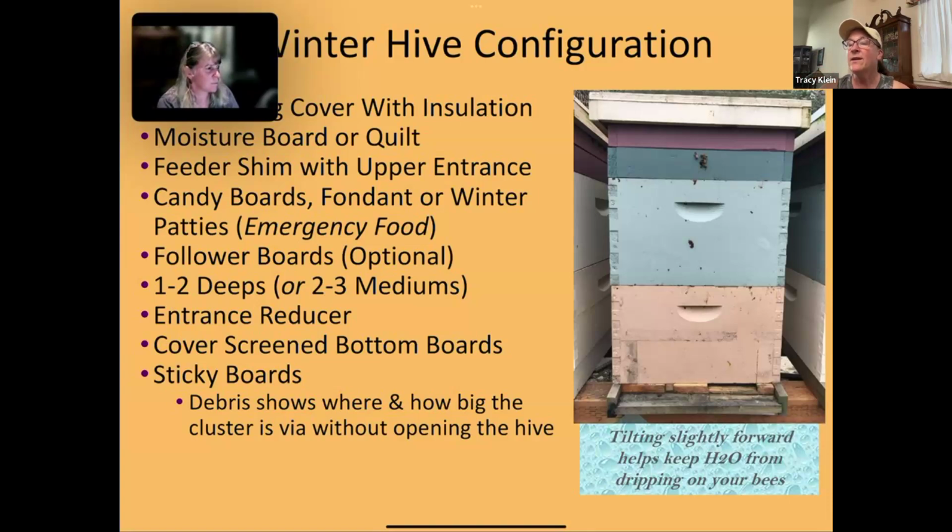And then the entrance reducer configuration, once all the wasps died, you take your robbing screens off, then you notice that this one is the bigger entrance, but you would want to switch to the smaller entrance and have it shaped like a U with the opening facing up, so that if there is a carpet full of dead bees on the bottom, the bees can crawl across the dead ones and still be able to get out.